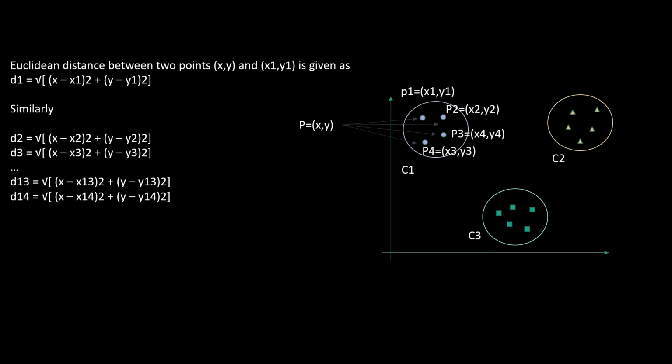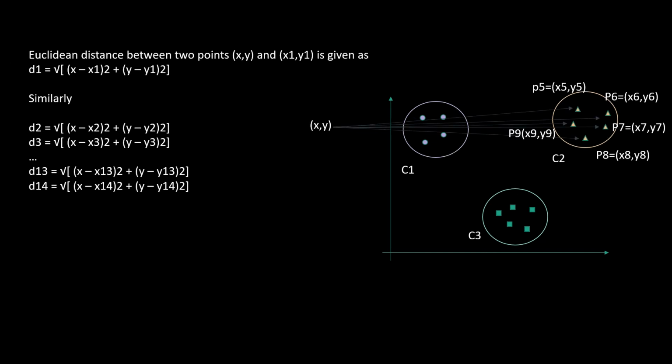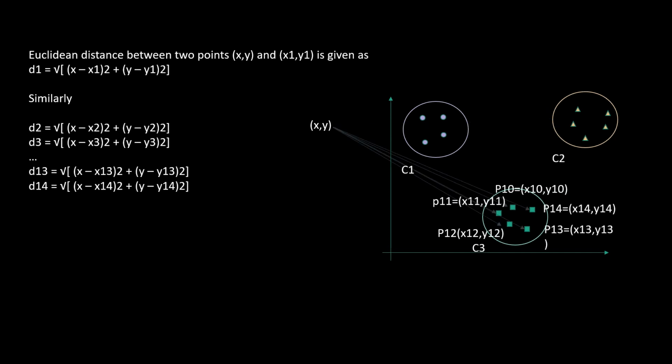Suppose P is a test data point for which we need to find a suitable class or cluster. As a process of prediction, it will calculate the Euclidean distance between P and each of the training data points. Suppose D1, D2, D3 up to D14 are the Euclidean distances for the respective data points.